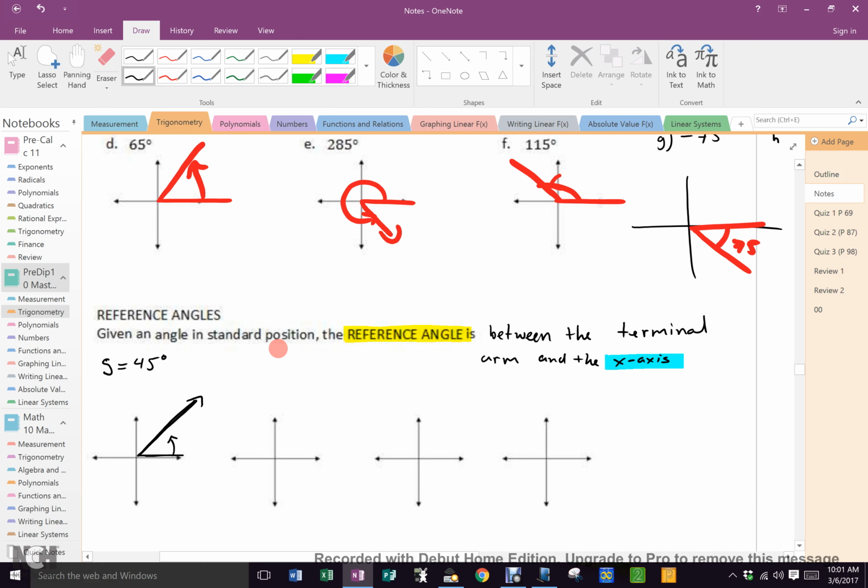Okay, what then is my reference angle? Look closely, it's not hard, it's not a trick. The reference angle is between the terminal arm and the x-axis. Where's the terminal arm? It's right here, right? Here is my terminal arm. Where's the x-axis? Right here, right? So what's the angle between the two?